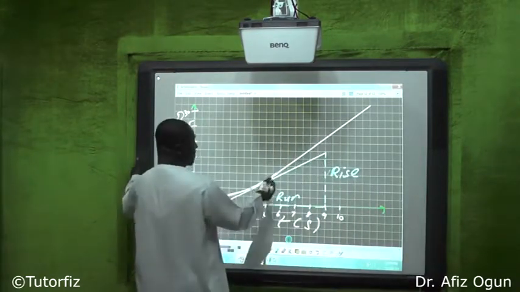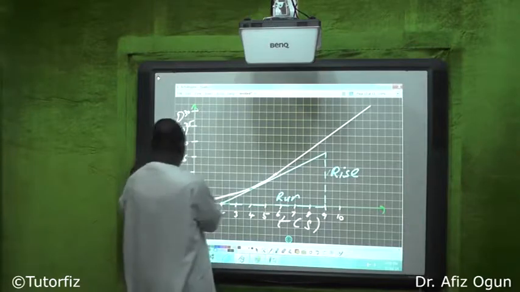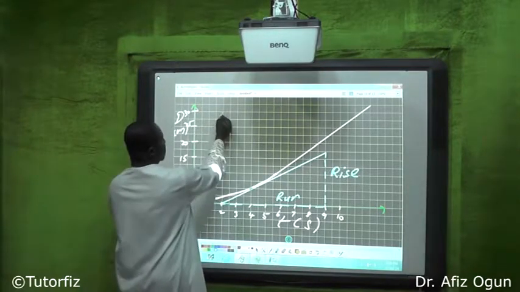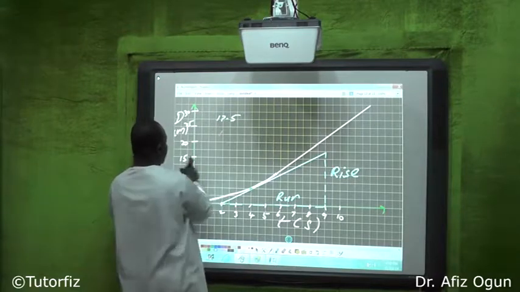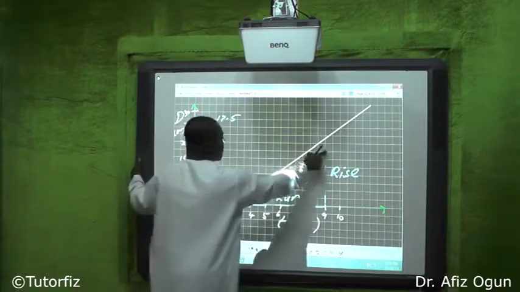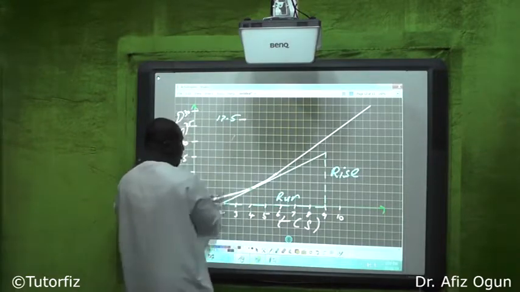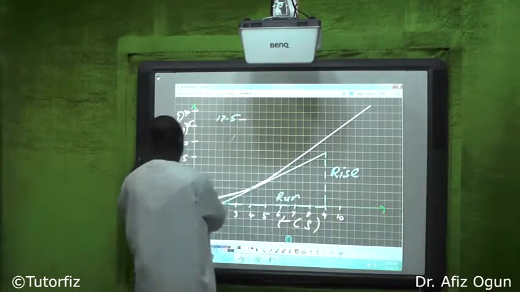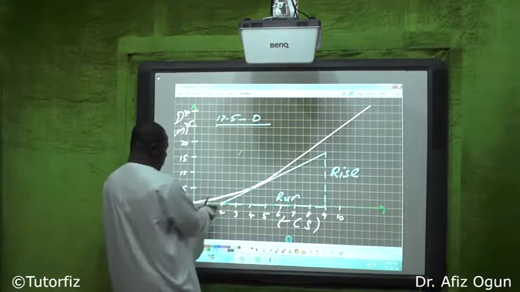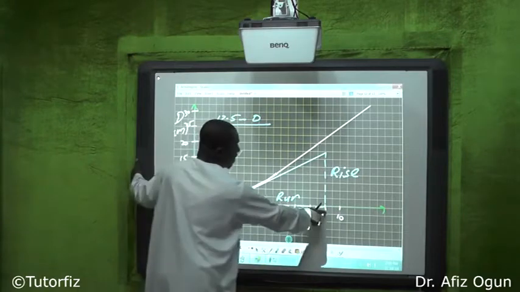So my rise now is from 0 to 17.5, that's the tip of my triangle, minus the base of my triangle at 0. Divide by, what about the time? From 2 to 9.